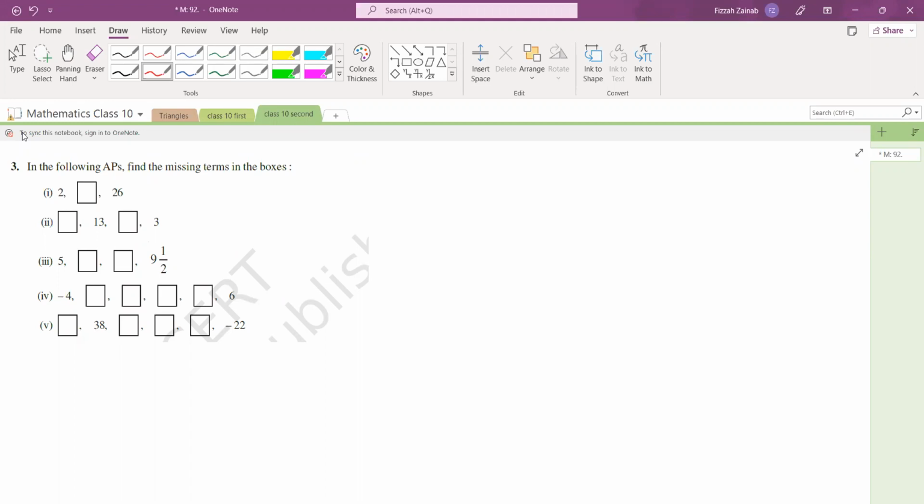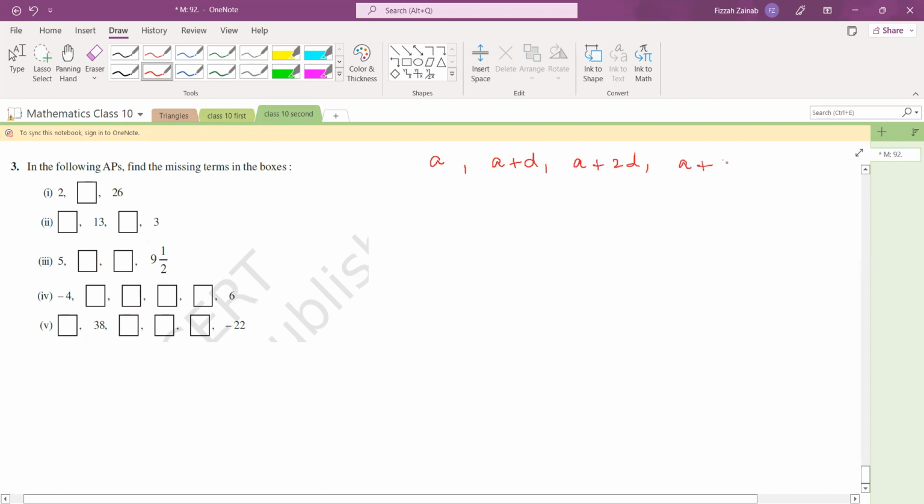Find the missing term. The definition of the AP is this: a, a plus d, a plus 2d, a plus 3d, right? This is how the terms should be in an AP. Understood? If it is an AP, we will use this definition here.